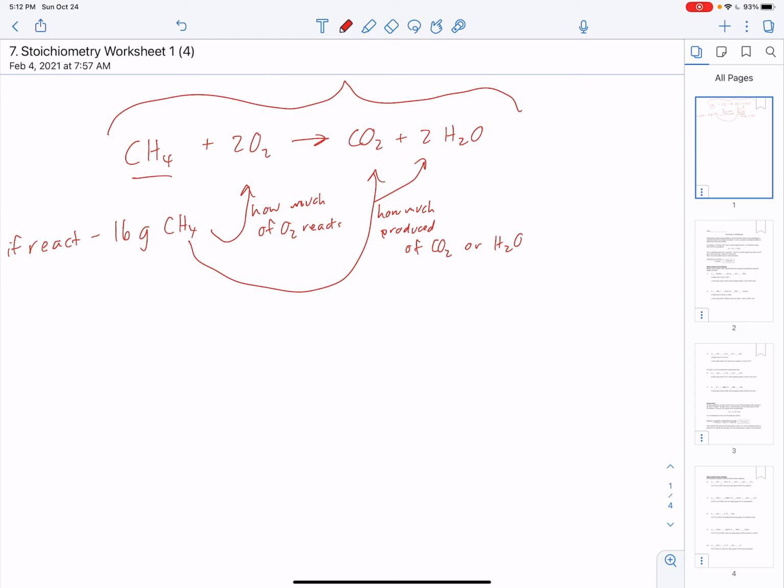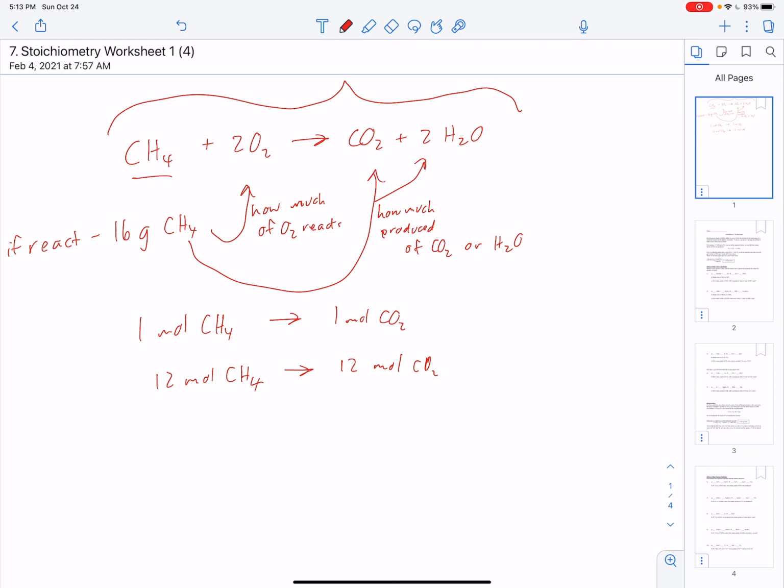So for instance, I can say that this reaction involves 1 mole of CH4 and makes 1 mole of CO2. Therefore, if I have any number of moles of CH4, let's say I have 12 moles of CH4, that would translate into, of course, 12 moles of CO2.